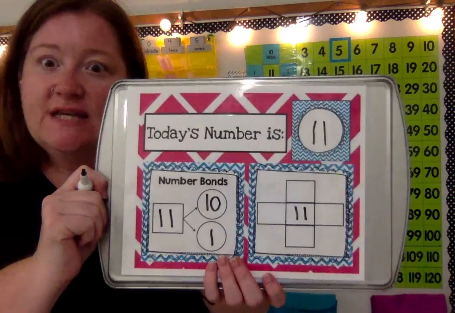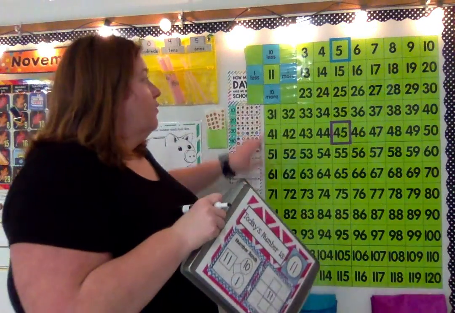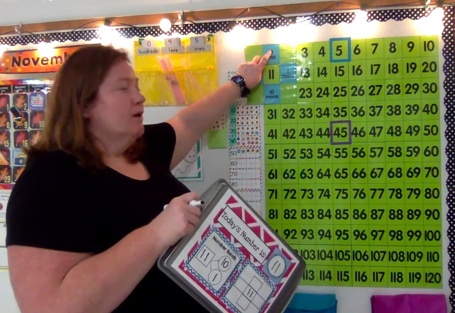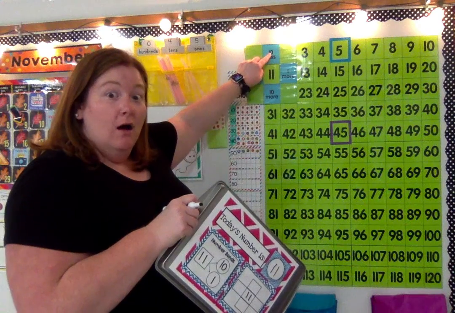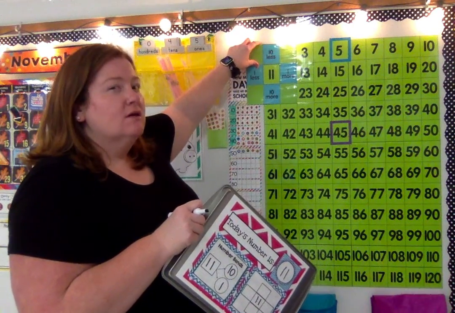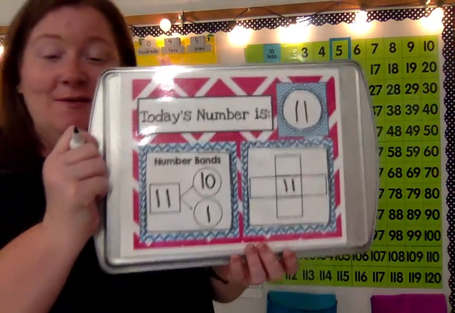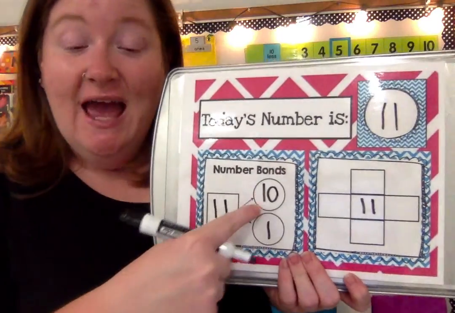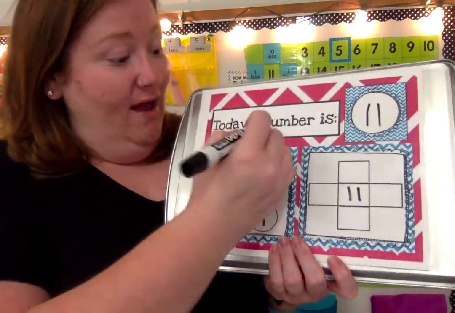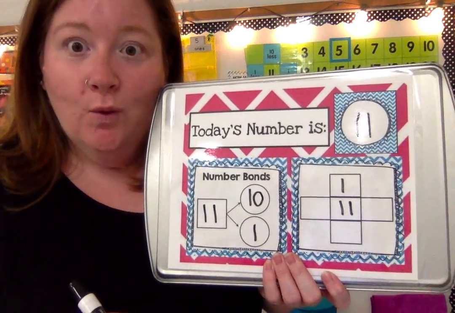Does 11 have 10 less? Let's think about where that happens on our chart. Here's 11. Is there a number above it that's 10 less? There is. Oh, let's take a peek. What is it? What do you think? Did you say 1? Right, if we know 11 is 10 and 1 more, if we take away that 10, 1 is left. 10 less is our 1. Ooh.